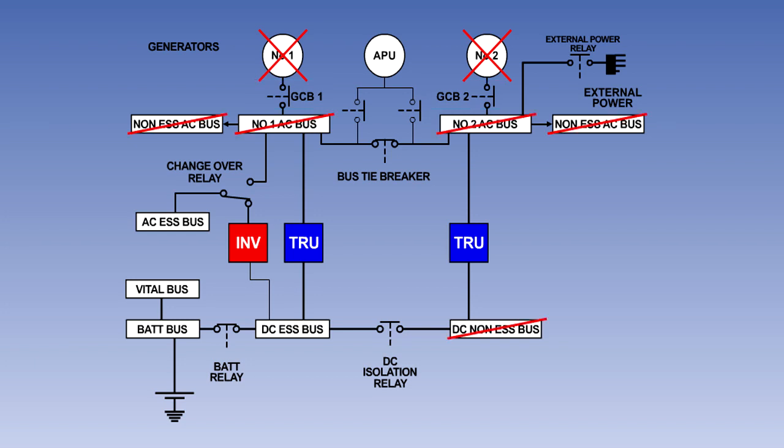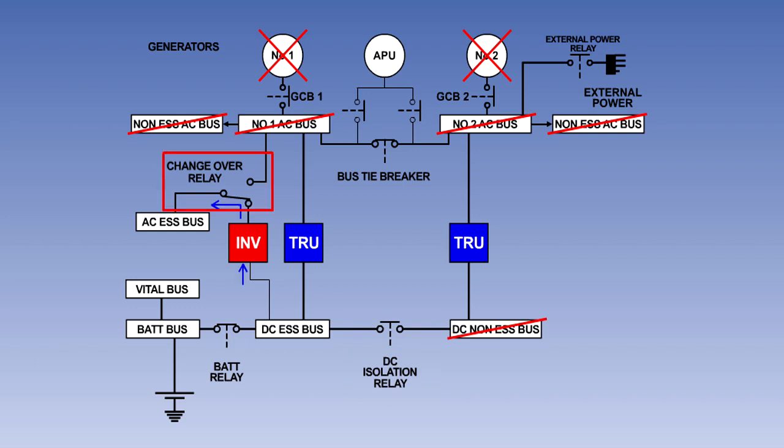The main AC busbars and their associated non-essential busbars will no longer be powered. The battery will power the DC essential busbar through the closed contacts of the battery relay. And the DC isolation relay will open, cutting off power to the DC non-essential busbar.